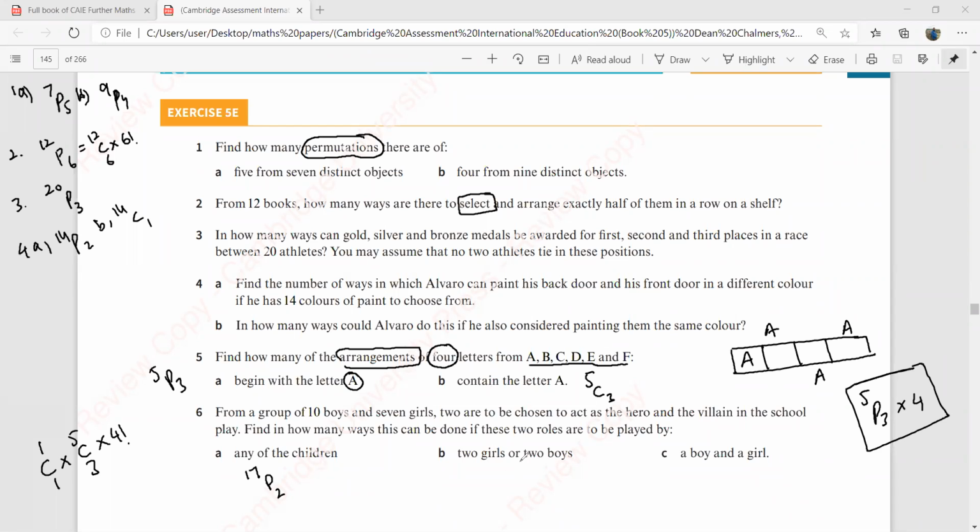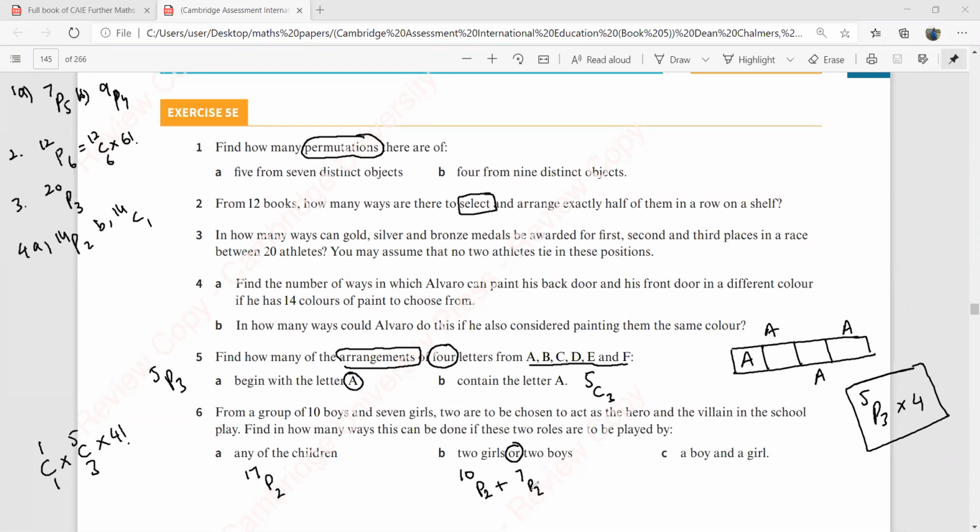B part: 2 girls or 2 boys? 10C2 plus 7C2 into 2 factorial. I think you should directly write it as 10P2 plus 7P2. That is how you should go.